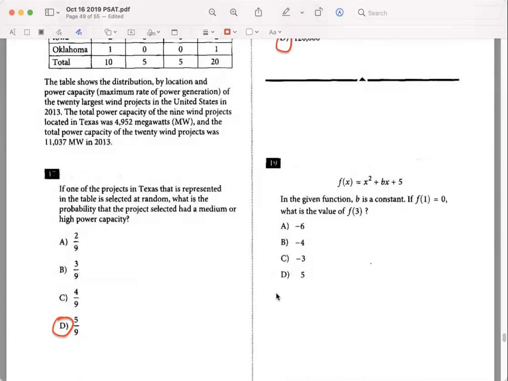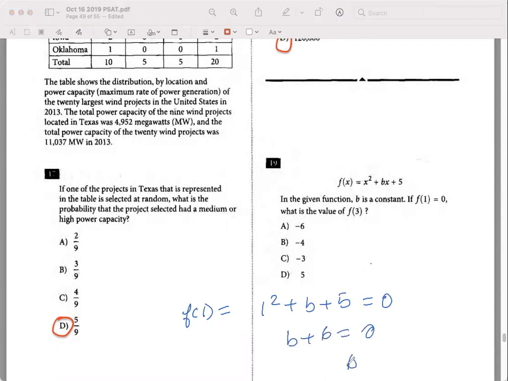In the given function, B is a constant. If f(1) is 0, what is the value of f(3)? Okay, so if f(1) is 0, what is f(1) going to be? f(1) is going to be 1 squared plus B plus 5, and that is 0. So B plus 6 is 0, so B is negative 6, right?